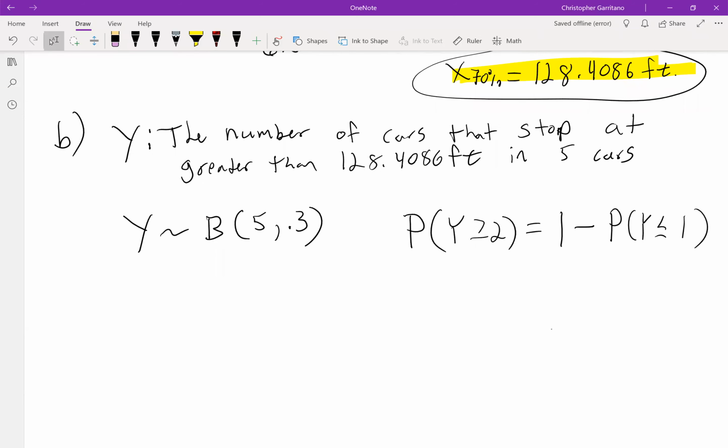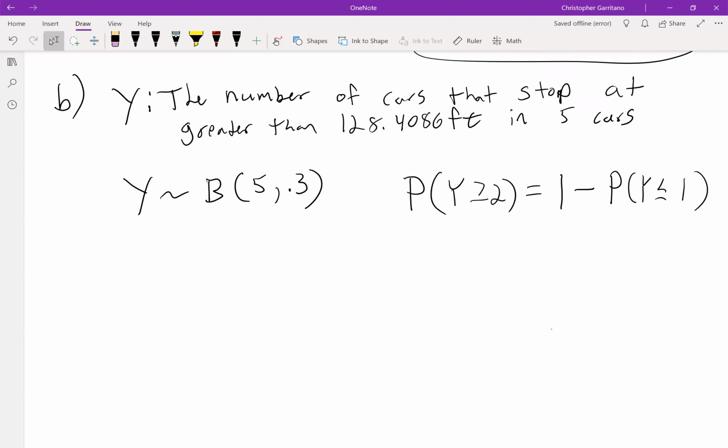Right? So just to give you a sense of what this distribution of Y might look like, think about the possible outcomes of Y. So we're counting the number of cars that stop at a greater distance than 128.4. So out of 5 cars, you could have 0 that stop at a greater distance. You could have 1, you could have 2, and so on, all the way up through 5. So the only possible outcomes for Y are 0, 1, 2, 3, 4, and 5.